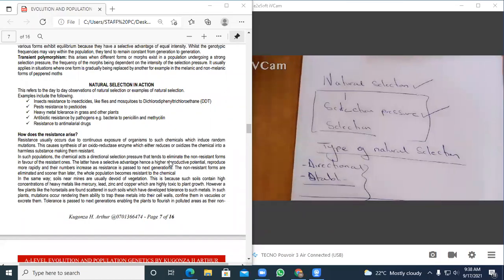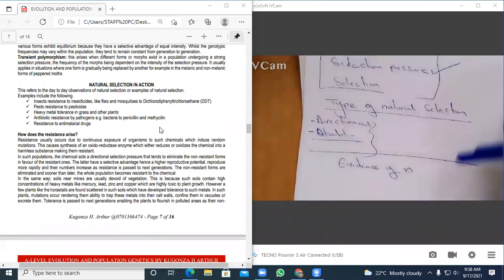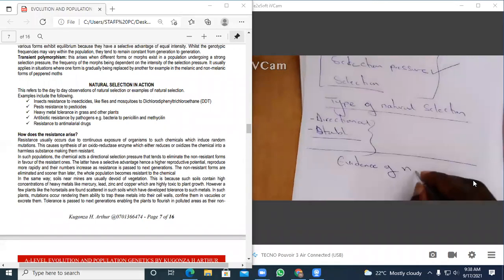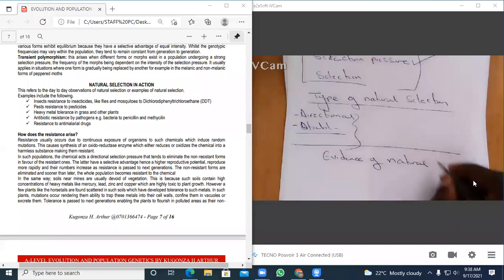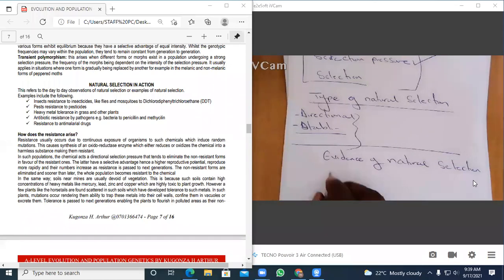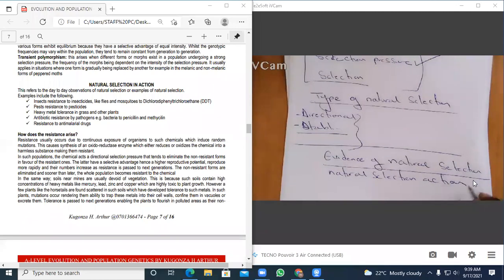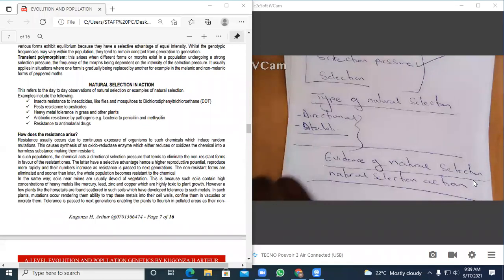We can call them evidence of natural selection, or sometimes natural selection in action. These are things which show that natural selection is indeed in action currently, like examples.